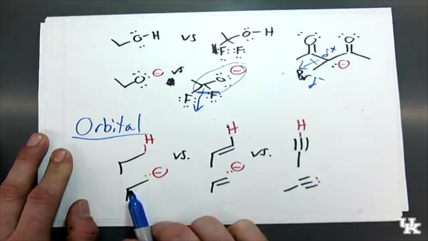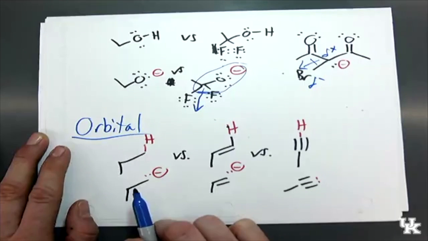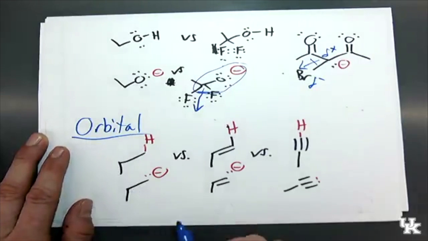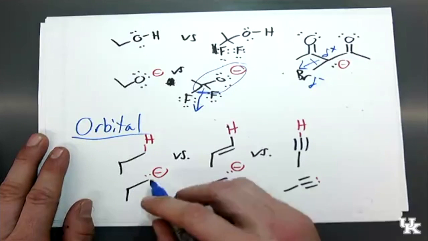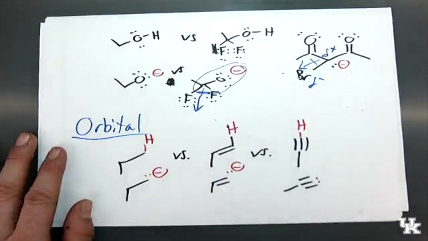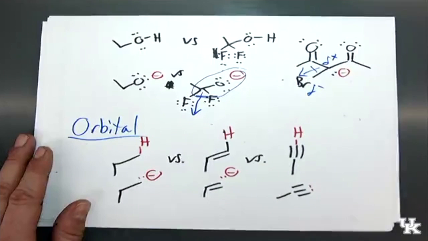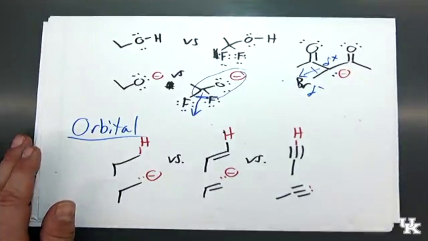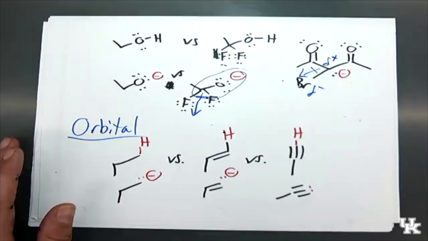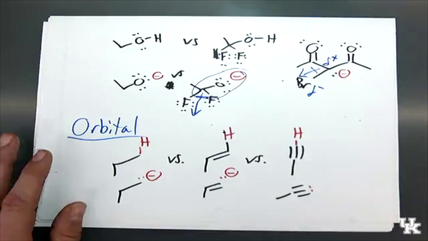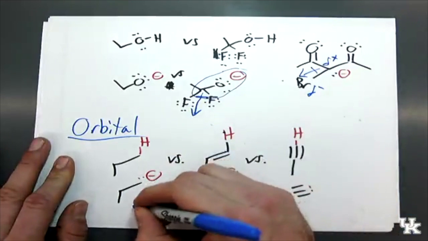Localized. So is it going to be very unstable or very stable? Unstable, that's right. And if a conjugate base is very unstable, that means the acid is going to be very weak, right? So this will be the least acidic.